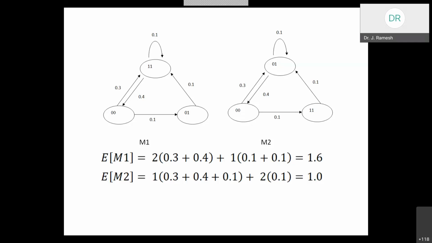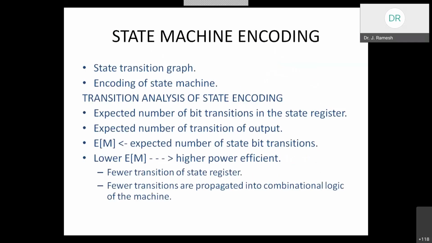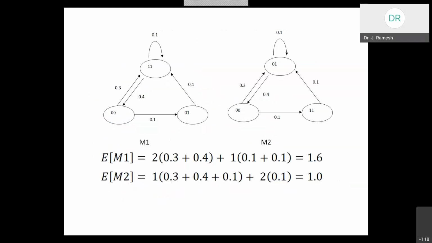So now we calculate E of m for machine 1, that is FSM1, and then FSM2. For the first case, it is 2 into 0.3 plus 0.4, because 2 switching activities take place from 0, 0 to 1, 1.